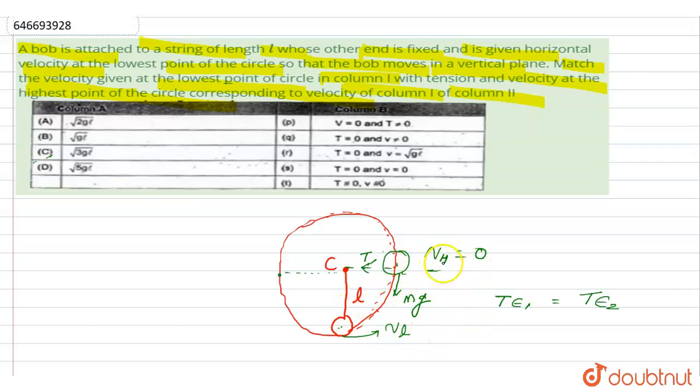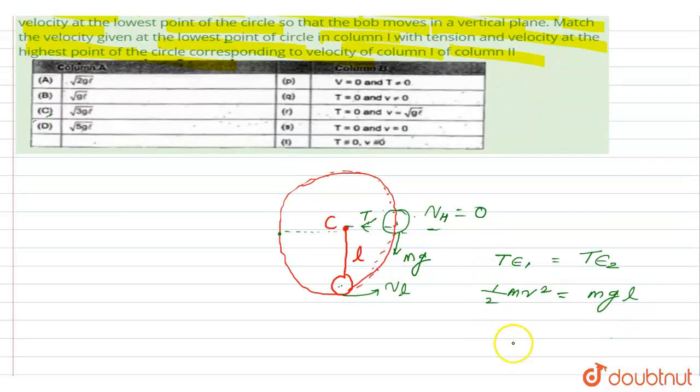It moves to this position, where V equals 0, so there is no kinetic energy, and there is only potential energy, which is mgl. If we find V here, V square equals 2gl, since m gets cancelled, and V is equal to under root 2gl.